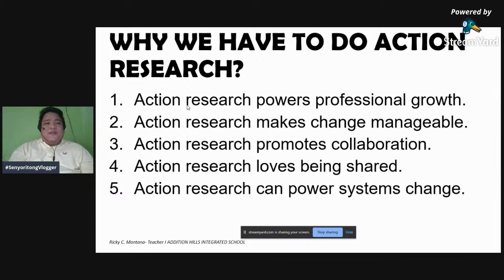First, action research powers professional growth. It's absolutely true. In my case, I have done one action research under the Bureau of Educational Research. That is my latest one.